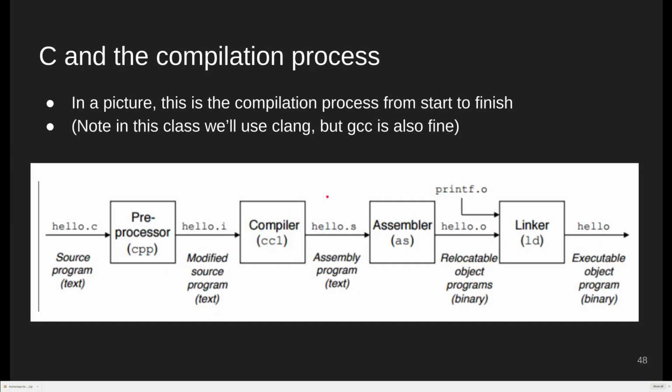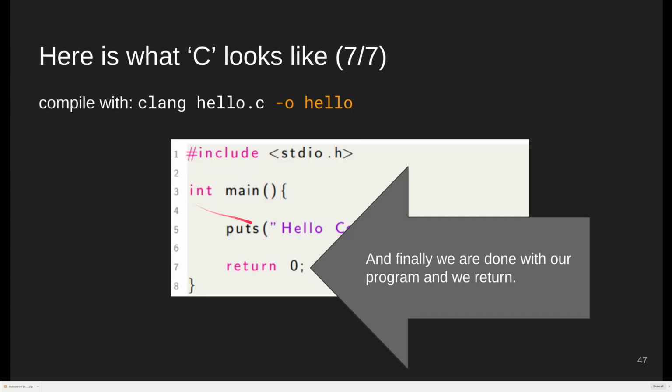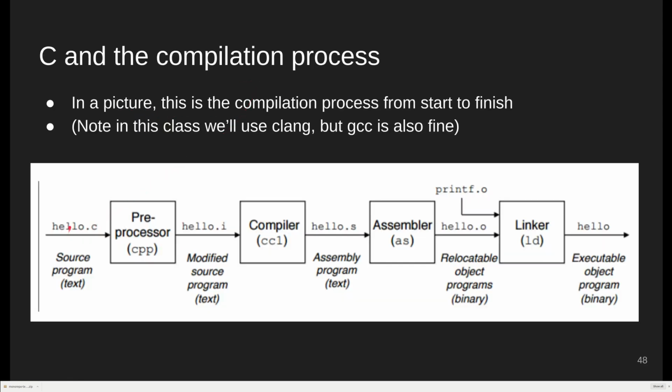Okay, so again, C is a compiled language, and we have to go through this compilation process. This is actually going to be an important picture for us that we'll use in the class. For whatever compiler we're using, Clang or GCC, that was this tool here, Clang, it actually takes your C file and goes through this amazing process.